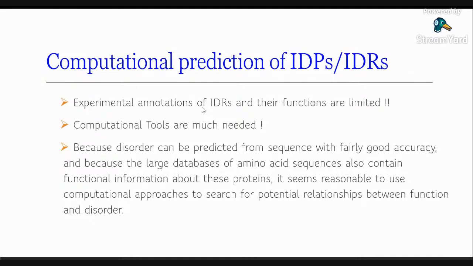Also, disorder can be predicted from the sequence with fairly good accuracy, and there are very good large databases, as we discussed, where we have all the information on these proteins. So it is very reasonable that we can develop computational tools or approaches to understand the potential relationship between the functions and the disorder. That is why different people are developing different computational tools for prediction of IDPs and IDRs.